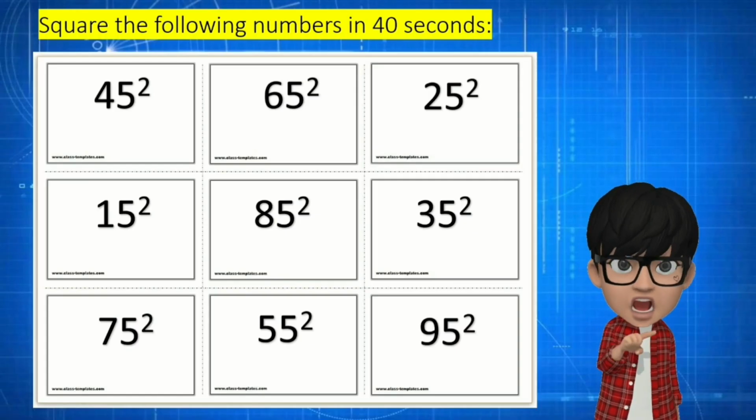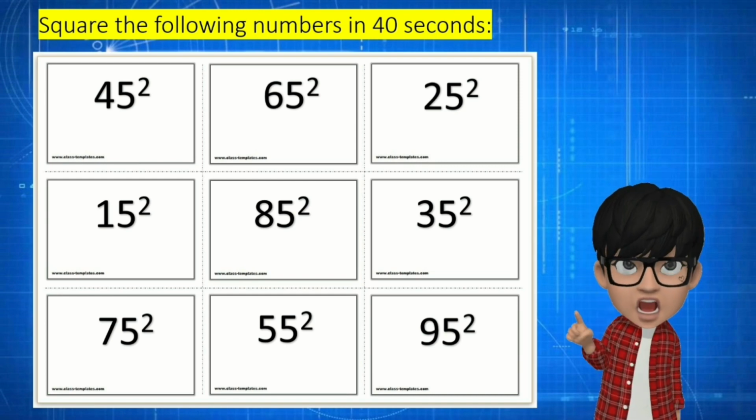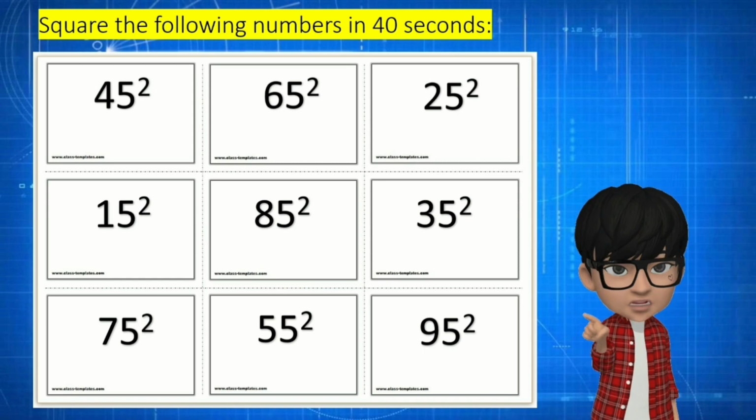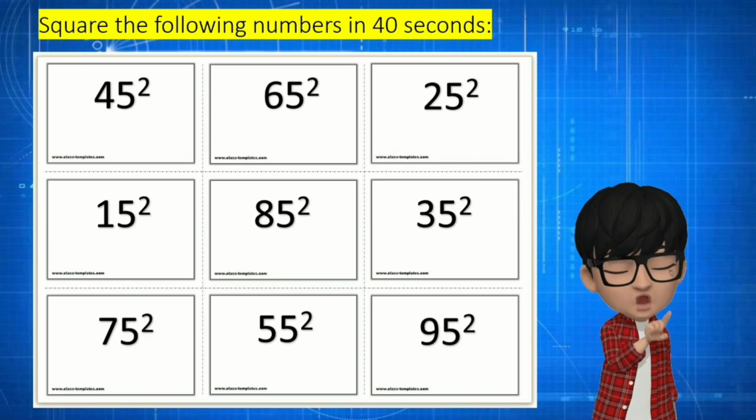Okay, before I share the shortcut in squaring a number, I want you to square the following numbers. I'm going to give you only 40 seconds, and the timer starts now.